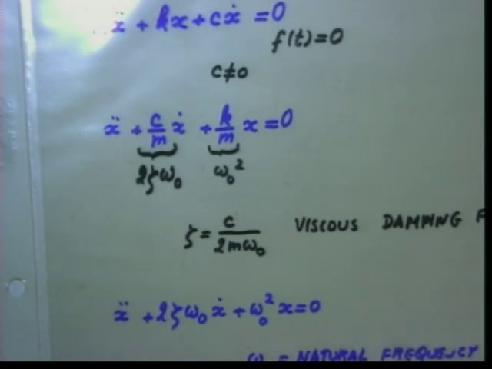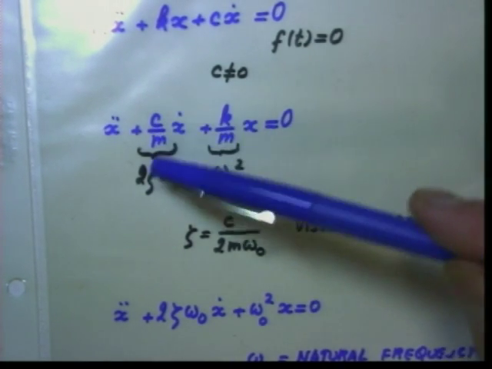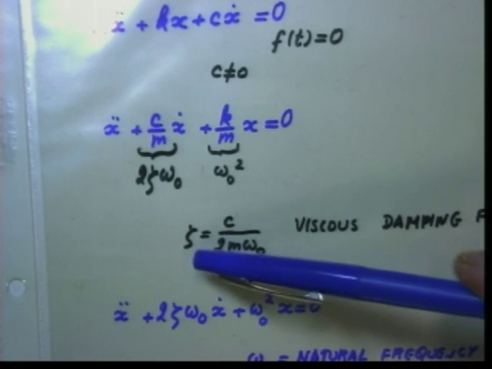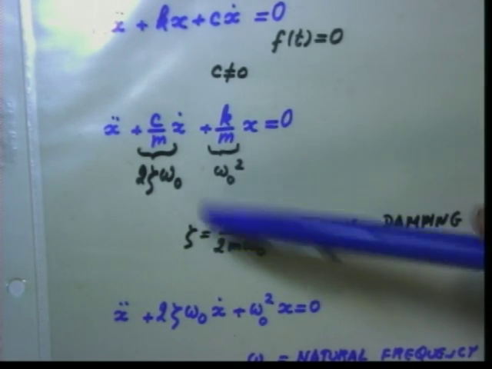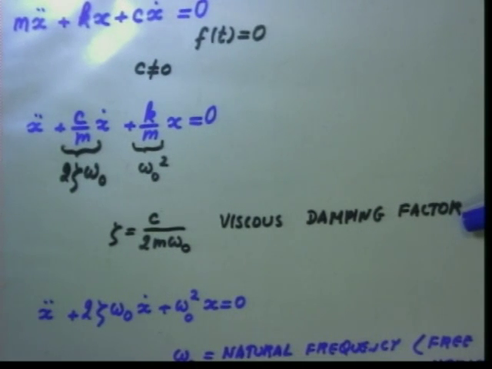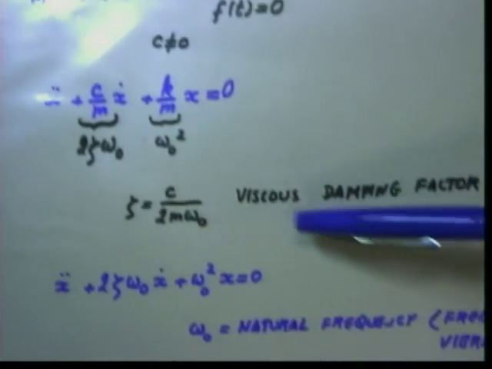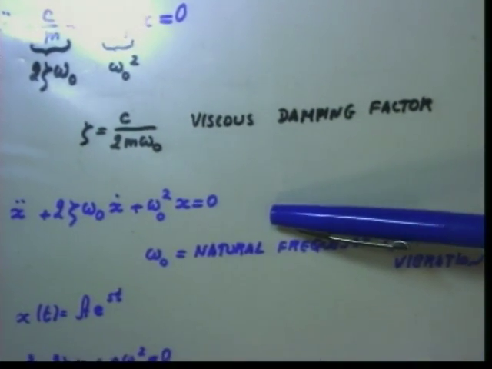Now this zeta equals, from here, 2 zeta omega sub 0, so zeta equals C over m and 2 omega sub 0. This is the viscous damping factor, or viscous damping coefficient. So we reduced the governing differential equation to this one.